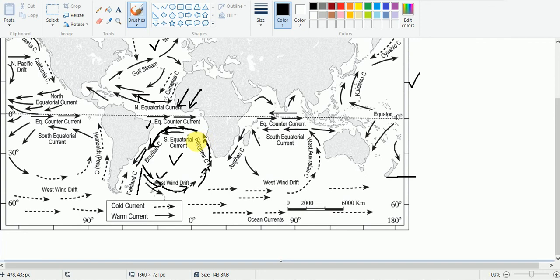So in this way we have got an anticyclonic circulation in the South Atlantic Ocean.